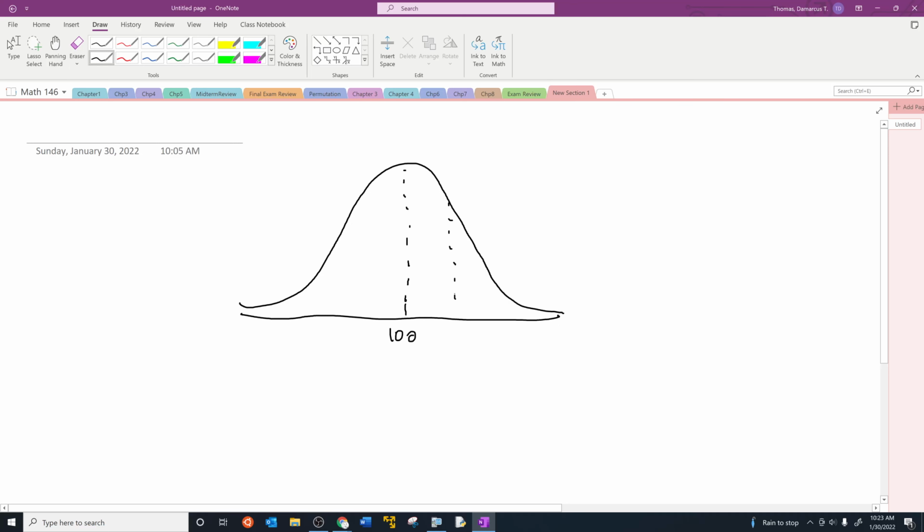So let's go one deviation out. That's 118. And if we go one deviation below 100, that puts us at 82. So the empirical rule states this nice blue color represents 68% of all the data.